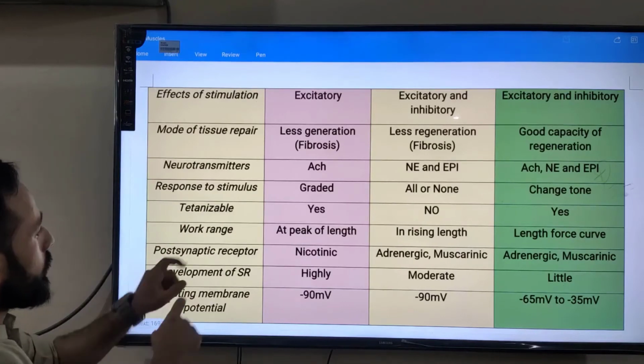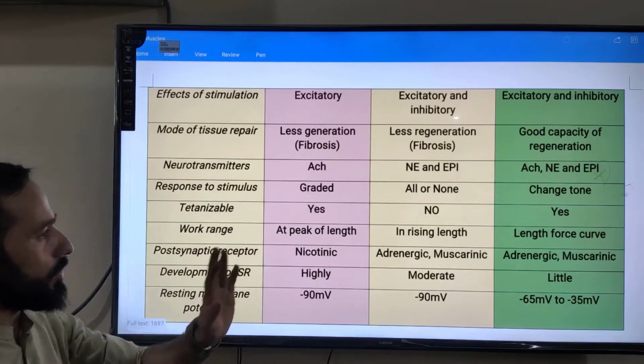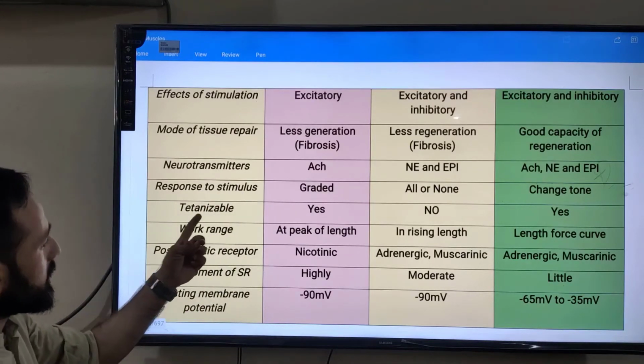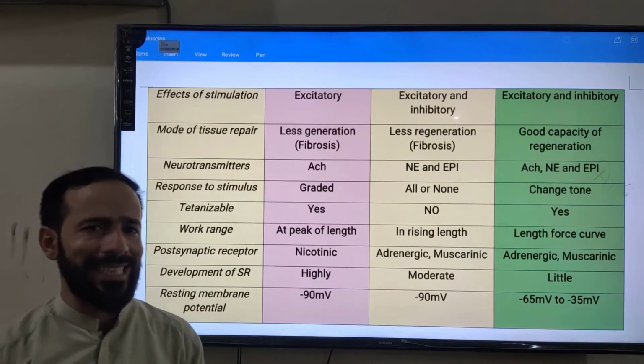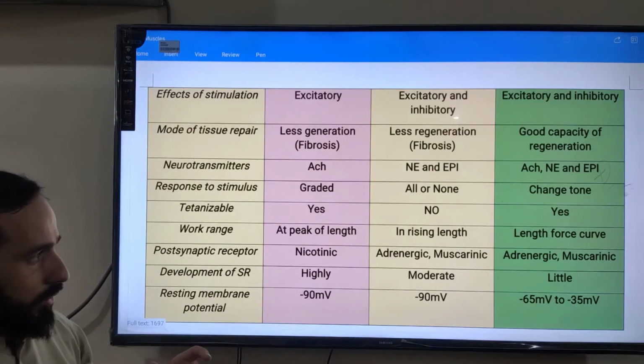Right? Next. The next property after response to stimulus, here graded, all or none or change tone, is tetanizable. What is meant by tetanizable? Look carefully.